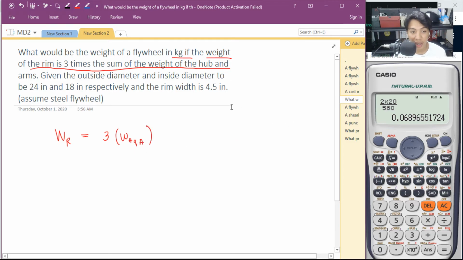Given the outside diameter and inside diameter, DO is 24 inches and DI is 18 inches, respectively, and the rim width B is 4.5 inches. Now, assume we have a steel flywheel.